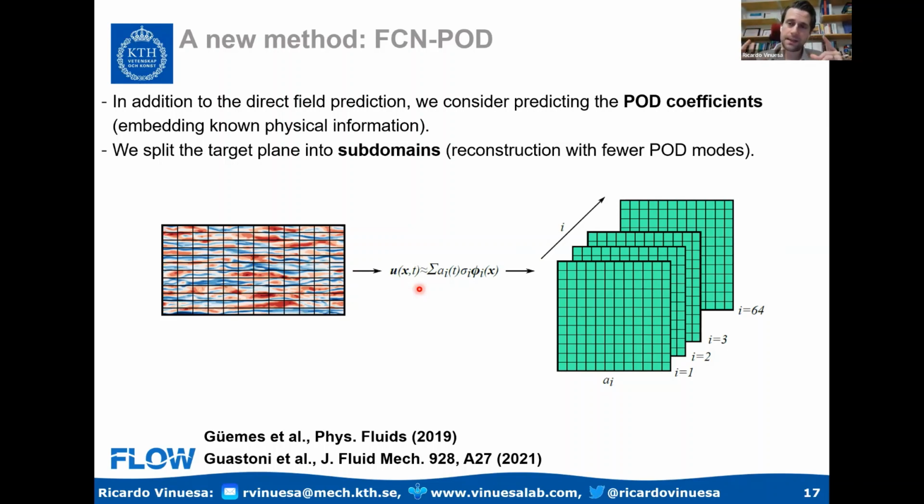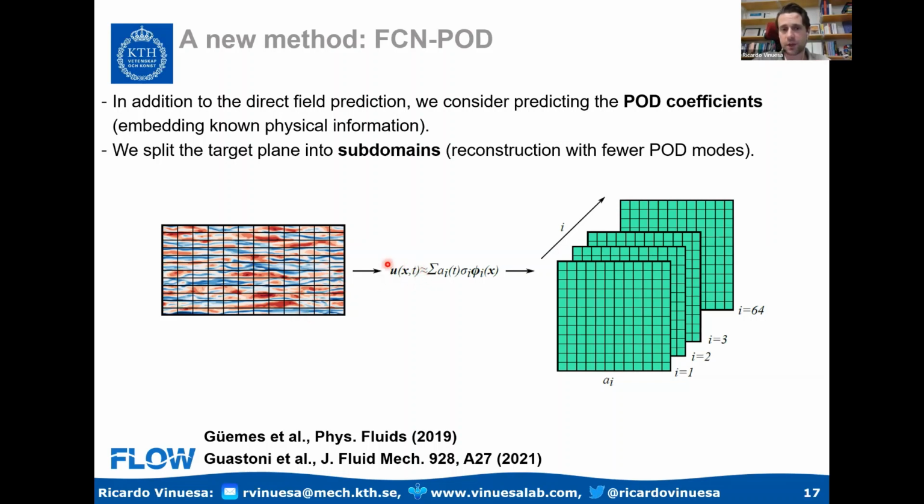At the same time, we propose an alternative method, which is what we call the FCN-POD, the fully convolutional network combined with proper orthogonal decomposition. Proper orthogonal decomposition is how in fluid mechanics we call PCA, the principal component analysis. It's basically the same algorithm. So what we do is that we divide our domain into smaller subdomains, and in each of them we apply the POD.